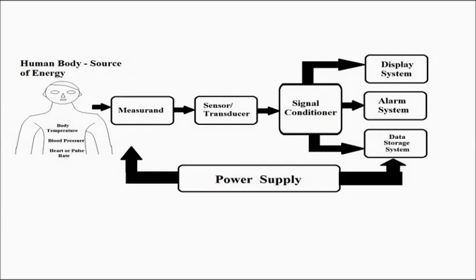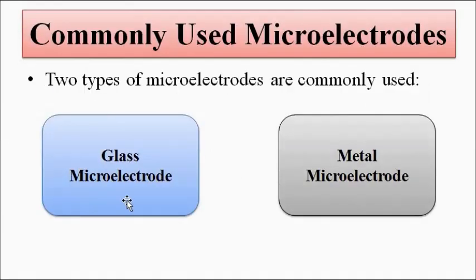So the microelectrodes, two types of microelectrodes are commonly used in the medical instrumentation field. First is the glass microelectrode and second is the metal microelectrode. We'll discuss them.